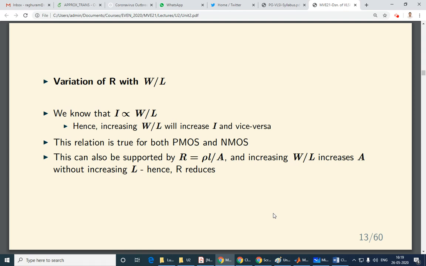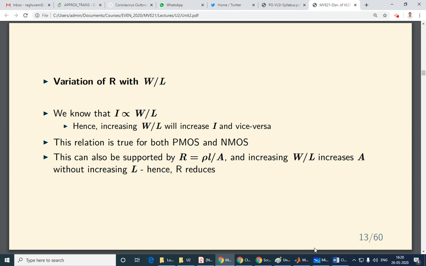And this is true for NMOS and PMOS transistor, which means that if I double the size of the transistor, I am making the current double. That's one way to look at it.